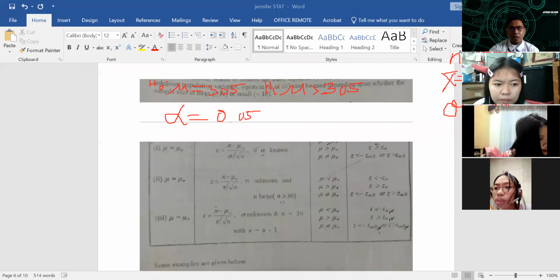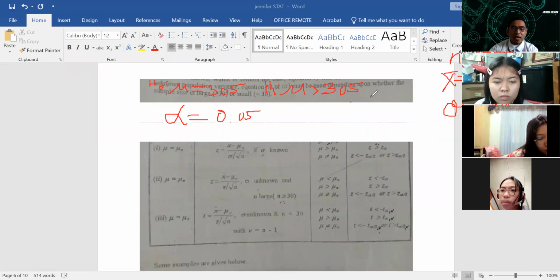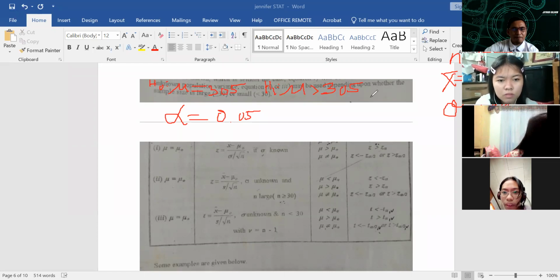Type in the chat box. They said case 2. Mostly of you answered case 2. Why case 2? You can unmute your microphone if you have an explanation.